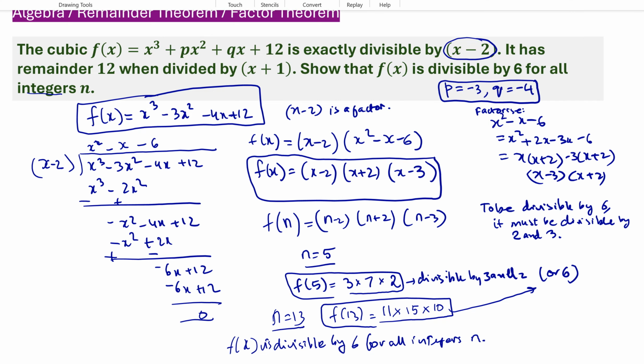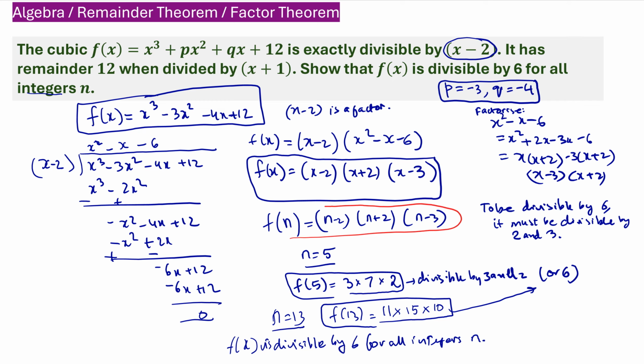We can add another line: one of these is always even and another is always divisible by 3. Hence proved.